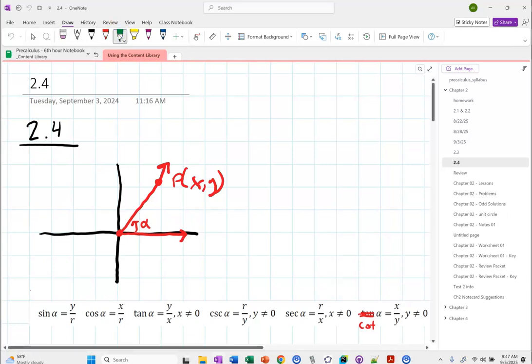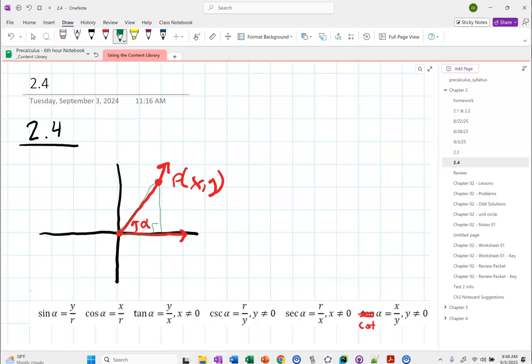What I'm going to do now is I'm going to draw this altitude in. By doing that, what have I just made? A right triangle. Everybody can kind of see that? This is me trying to connect this back to SOHCAHTOA.